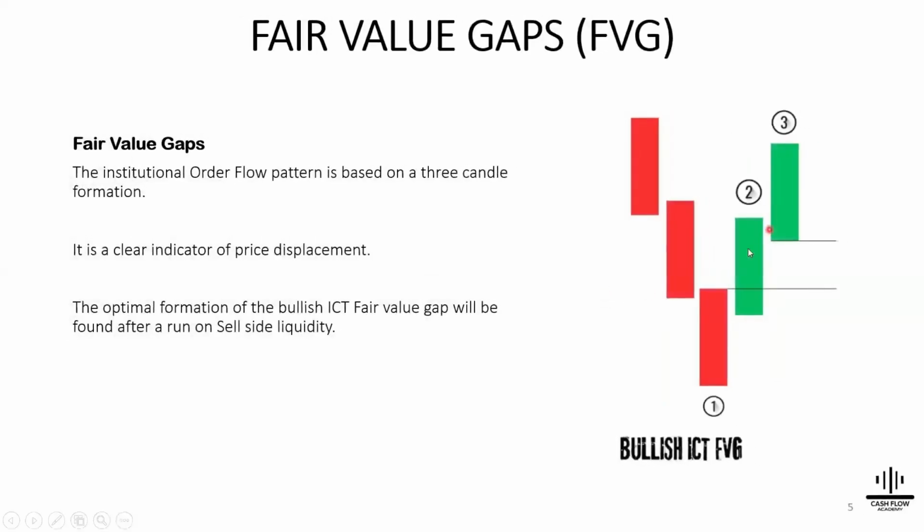And as well, the reverse is the same for the bullish ICT fair value gap. The institutional order flow pattern is based on the three-candle formation. It is a clear indicator of price displacement. The optimal formation of the bullish ICT fair value gap will be found after a run on sell-side liquidity. So the best time you will want to see this fair value gap is when the sell-side liquidity has been taken, and the creation of a bullish ICT fair value gap, which is proof of price displacement, says that price wants to go higher.